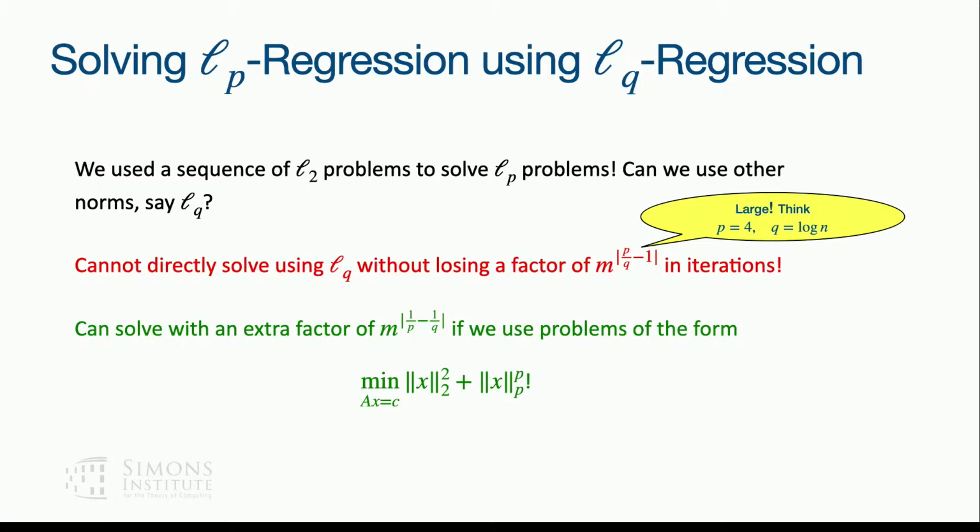And this is good, because if we go back to our iterative refinement framework, we created these residual problems. Now, if p is very large, you can just reduce it to solving the log n norm problem, and you can solve that.